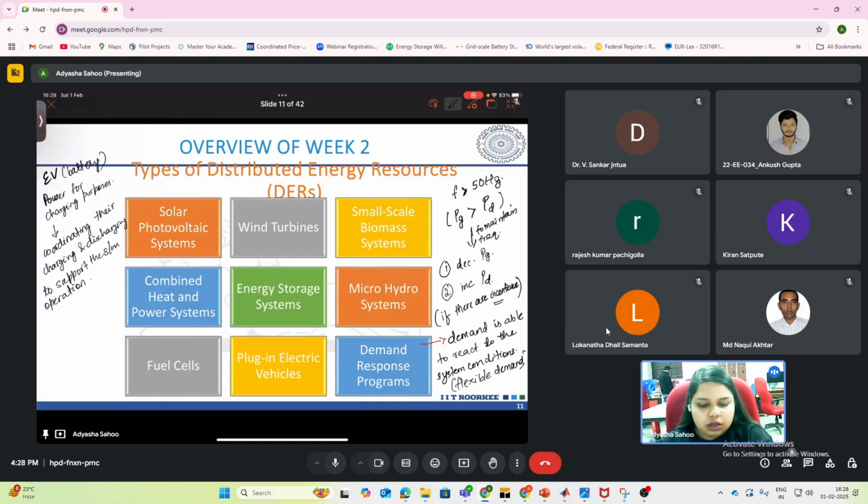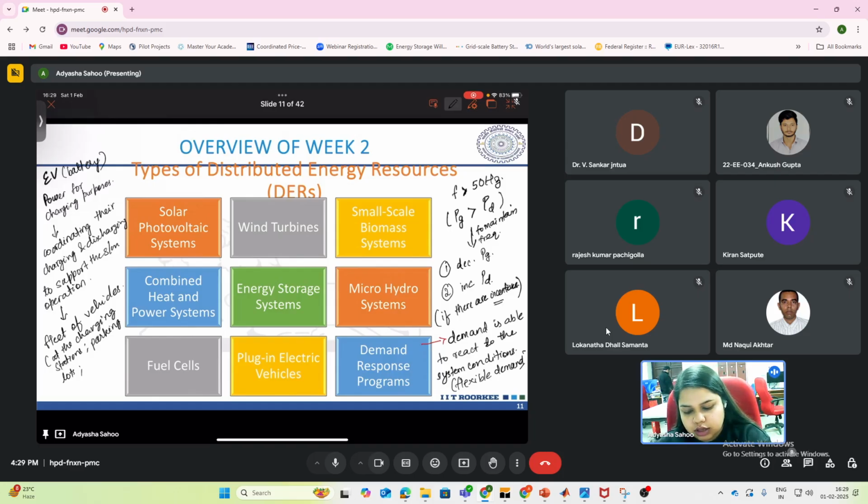Maybe the charging or discharging of one EV may not affect the bulk system operation, but a fleet of vehicles means a large number of vehicles at a charging station, or at parking lots of offices, apartments, or malls.